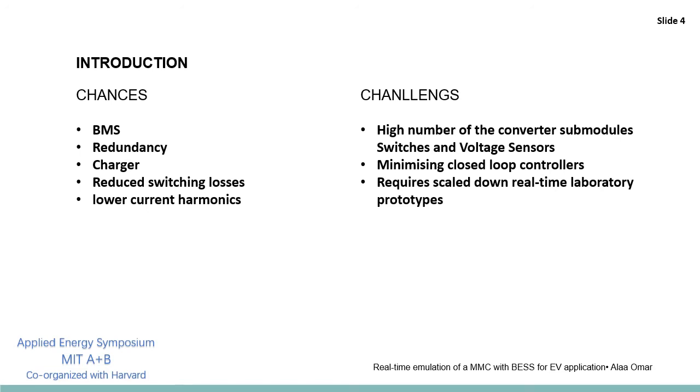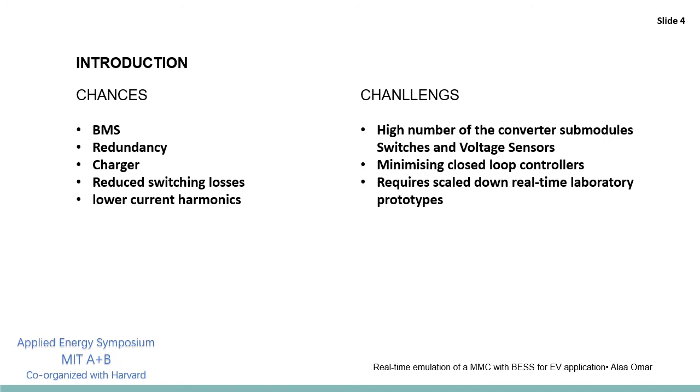But there are some challenges in the operation of the converter. Because the converter has a high number of submodules, it requires a high number of switches that should be controlled from the control system. Also, a high number of voltage sensors will be used to measure the batteries' voltage at the start of operation to decide the initial state of charge of the submodule batteries.